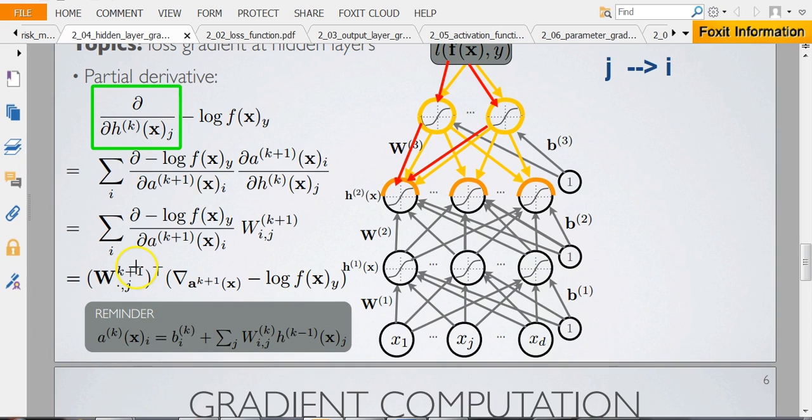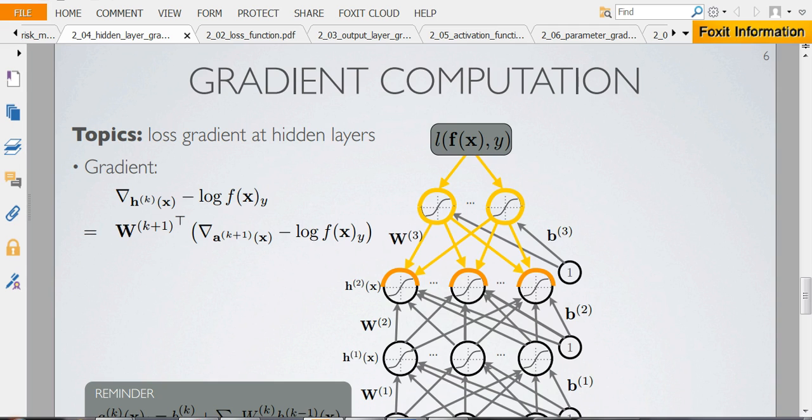So the only difference is, instead of this term, we're going to have the entire matrix here instead of just this column here, like this. So we'll have the whole matrix here, and we have the gradient instead of the derivative.